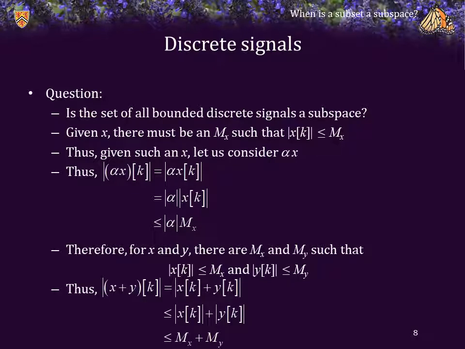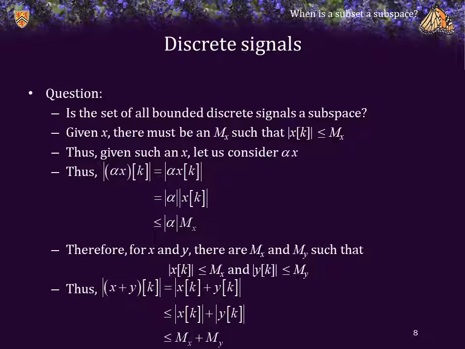Therefore, the absolute value of the kth index of the sum of these two discrete signals is simply equal to the absolute value of the sum of the kth indices of these two discrete signals.